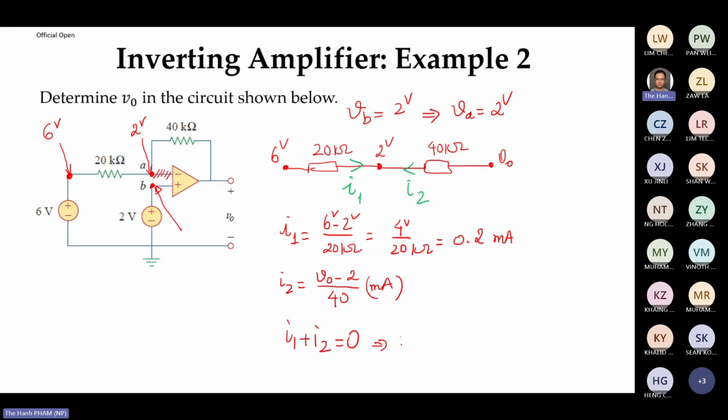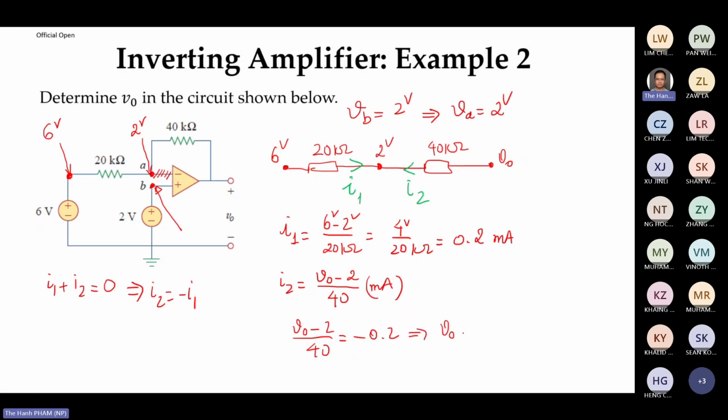Let me write smaller, otherwise I don't have enough space. I1 plus I2 should be 0. From here, your I2 is minus I1. So you have Vo minus 2 over 40 should be minus 0.2.